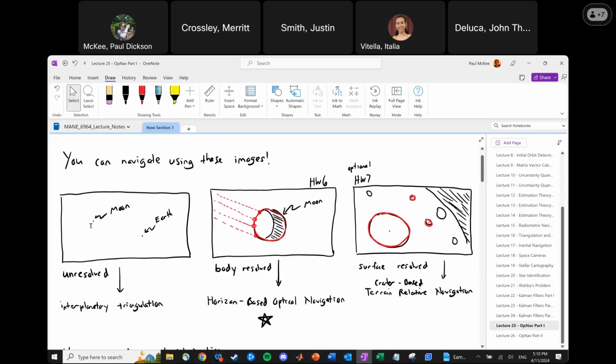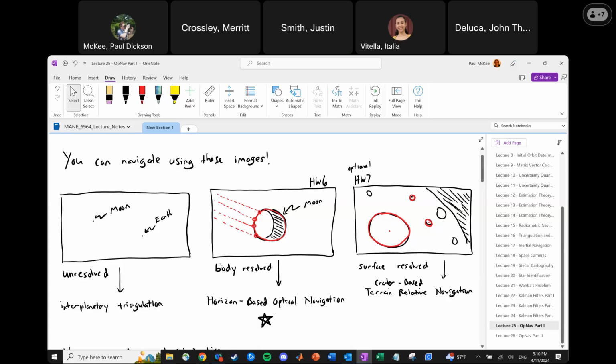And assuming you know which is which, and assuming you know where they are in space, like maybe you know what time it is, and you have SPICE ephemeris data, then this is enough information to navigate. You can centroid the image to find the inertial bearing vector from the spacecraft to the moon, and then the spacecraft to the Earth, and then it's a triangulation problem from those 2 line of sight directions. So that's one method of optical navigation or image-based navigation.